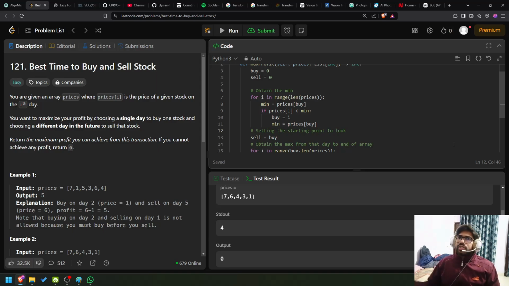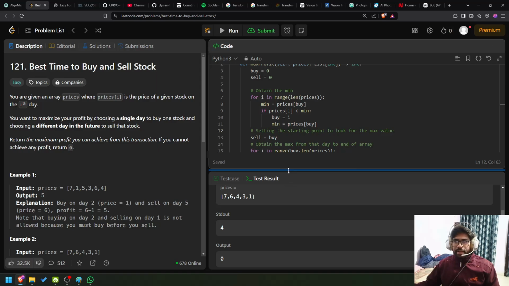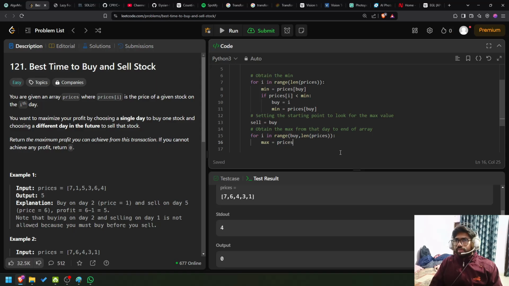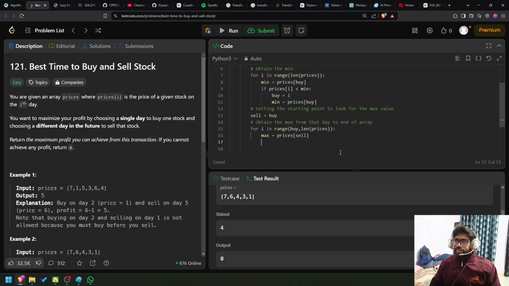Setting the starting point to look for the max value. Okay, obtain the max from that day to the end of the array. Okay, max equals prices of sell, right?